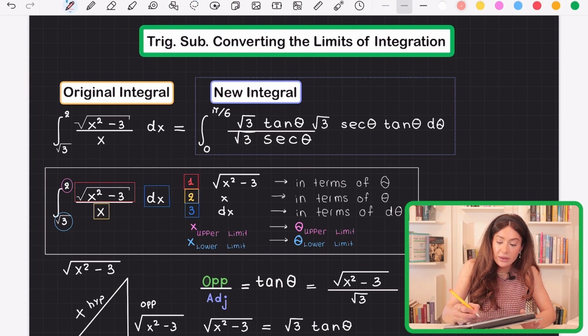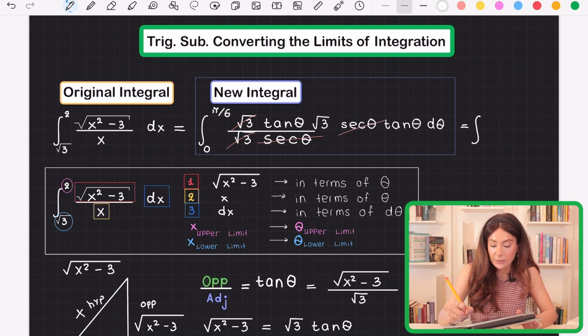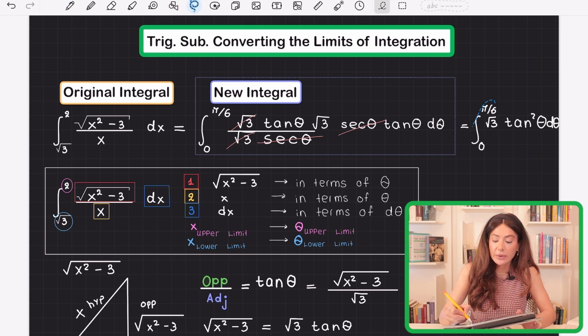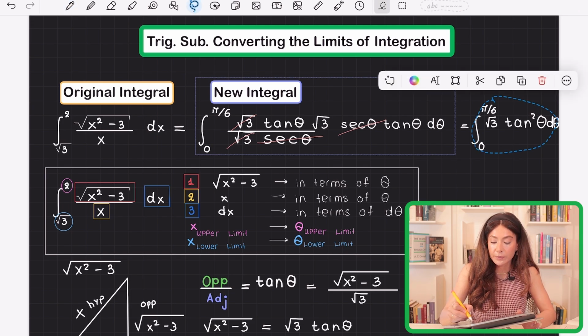Okay, so things will get canceled. One of the square root of 3's gets canceled. Secant theta and secant theta get canceled. But what I'm left with is tangent square theta d theta, okay? And then square root of 3 will come out of the integral.